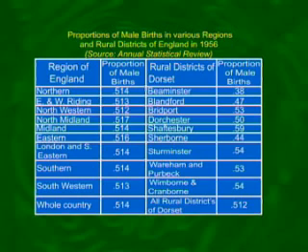On the other hand, if we have a look at the various regions of England, which are obviously much larger in population than the rural districts of Dorset, we find that the proportion of male births fluctuates between 0.512 and 0.517.